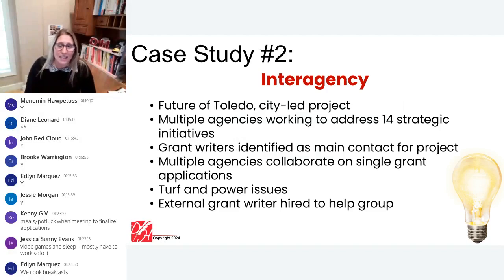In a second example, we saw an organization, this time in Ohio. There was a project called Future of Toledo. Multiple organizations, 14 different priorities to get funded. Wow. There were a lot of concerns over power.